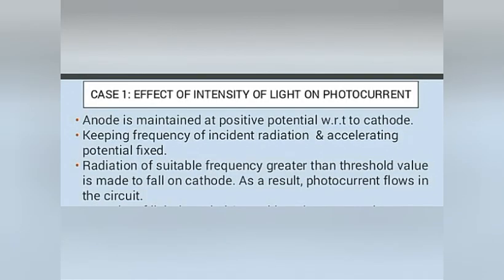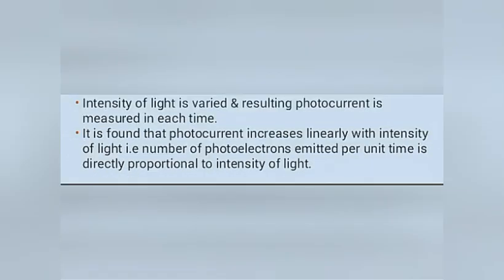As a result, photocurrent flows in the circuit. Keeping the frequency and potential fixed, the intensity of light is varied and the resulting photocurrent is measured each time. Then it is found that photocurrent increases linearly with the intensity of light.